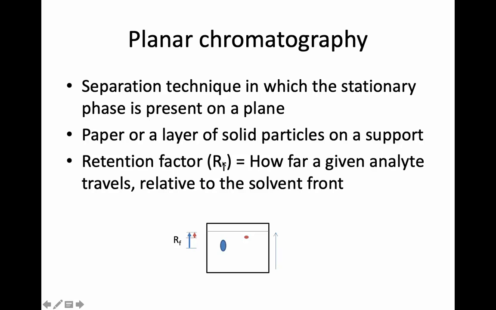The retention factor, Rf, is basically determined as the ratio between how far a given analyte travels compared to how far the solvent or your mobile phase travels. Okay, and this is very important because it's a way to basically normalize the ability of a certain stationary phase to retain a specific molecule.